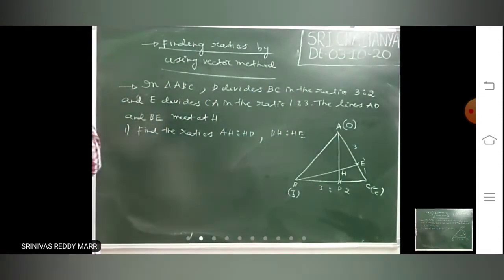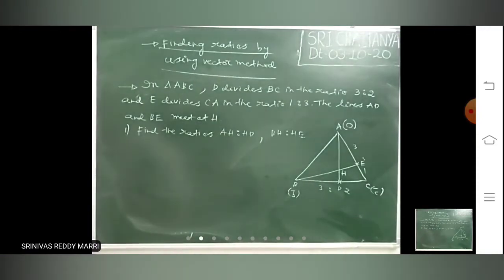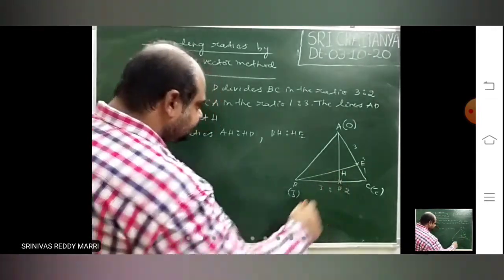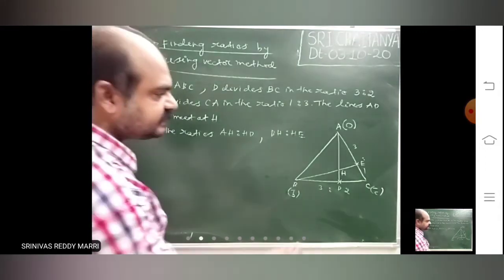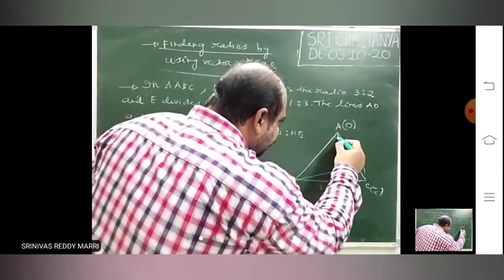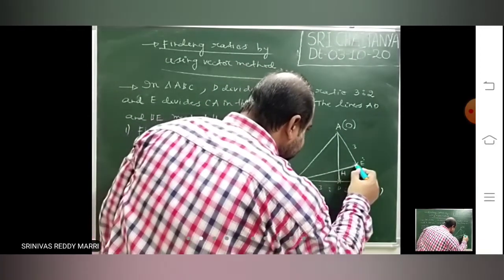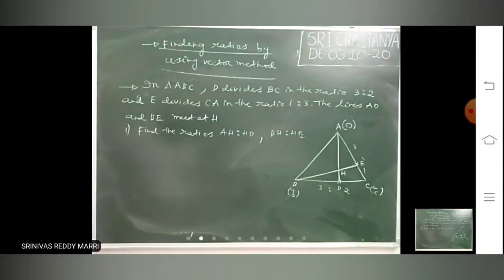They are intersecting at H. That is not the orthocenter, only H. He is asking the ratios AH is to HD and BH is to HE. Whenever intersecting lines are there, he will ask those ratios.